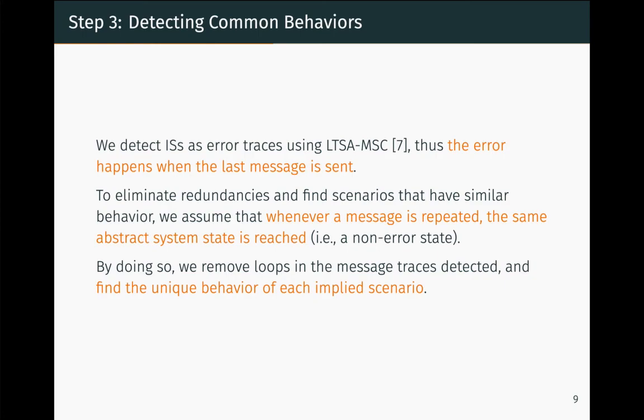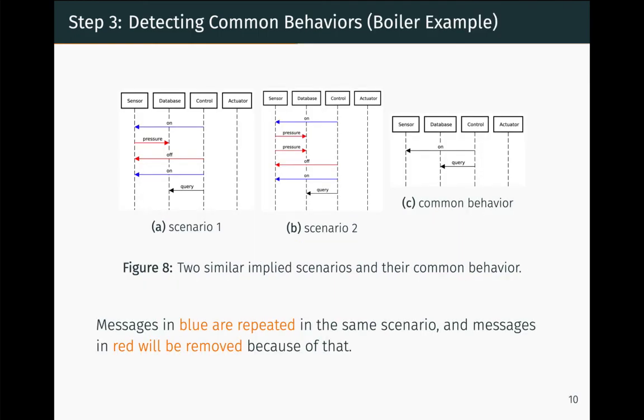So on the previous implied scenarios we saw, when we see the on message and the second on message, we're assuming that both on messages are taking the system to a same state. Doing this, we can remove loops of messages and find the unique behavior of each scenario.